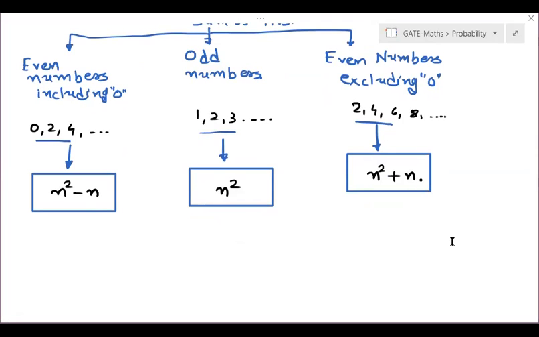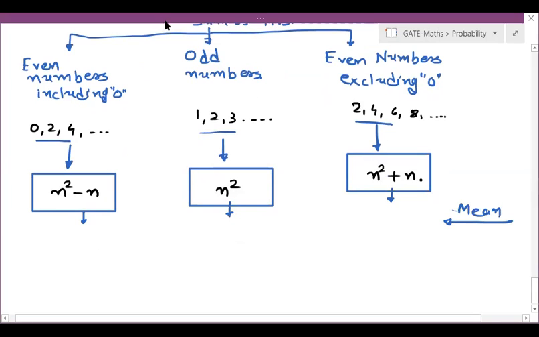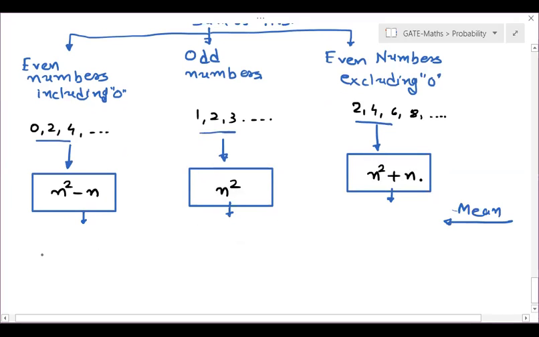Please give me some response. Is it clear? Okay. So here, this is your sum. Let me write mean as well. So mean will be n, n minus 1 and n plus 1.